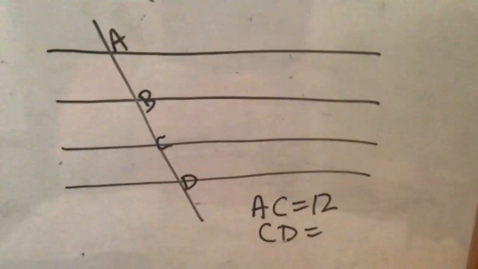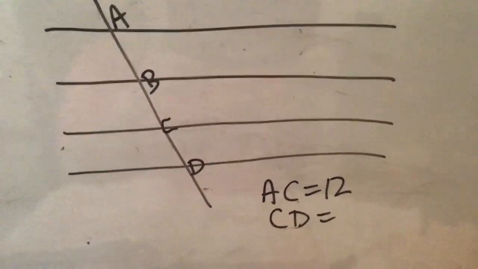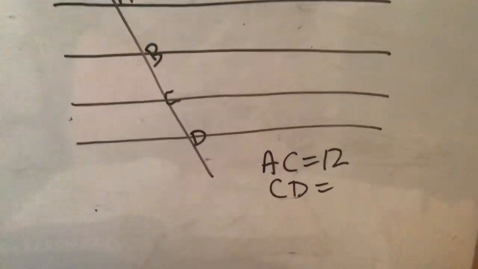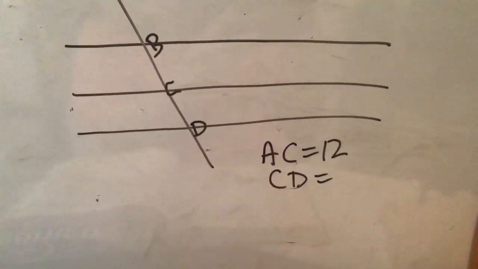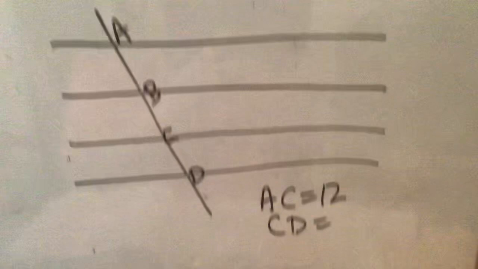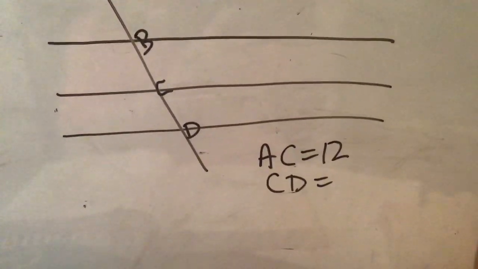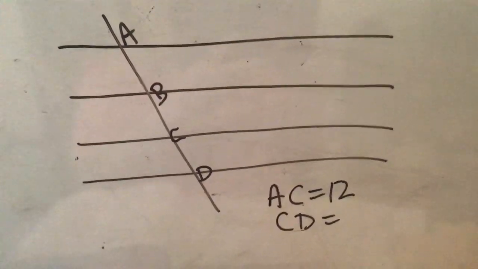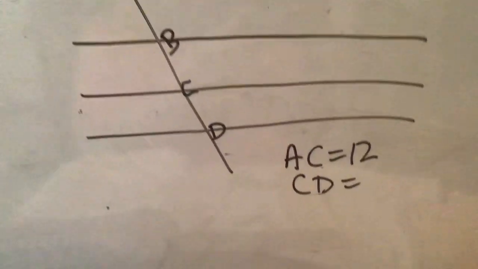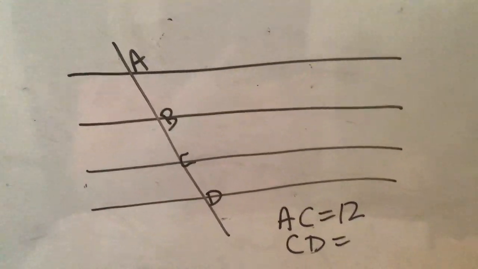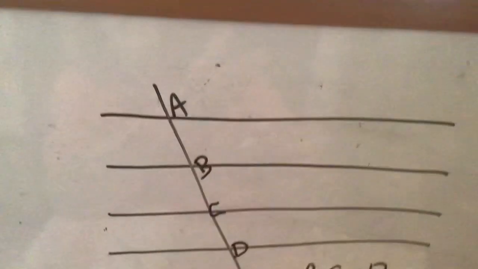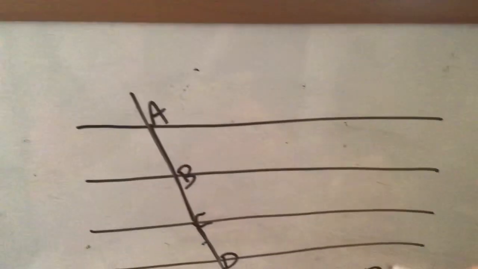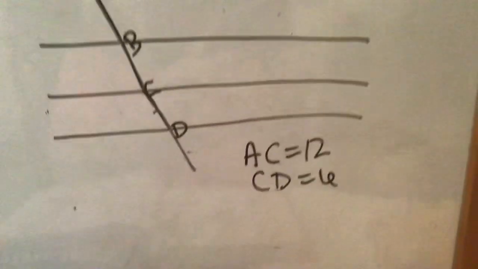If I know that AC is 12, and I know that these are equal to each other, because that's been told in the directions, or the problem will say that AE is parallel to so on and so on, that the lines are parallel to each other, and that AB is equal to BC is equal to CD, and so on. They're going to tell you that. So if AC is 12, then CD is going to be half of that, because it's one of these, and AB is two of these. So CD is just going to equal 6.